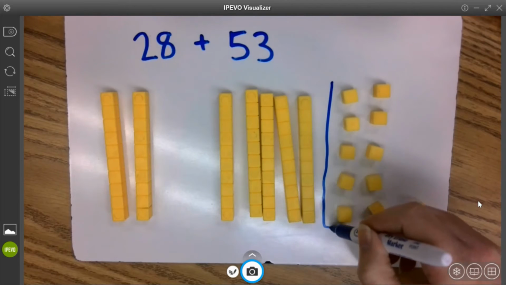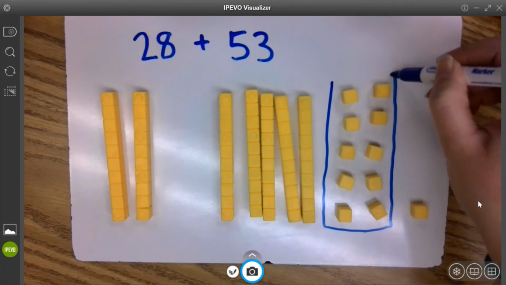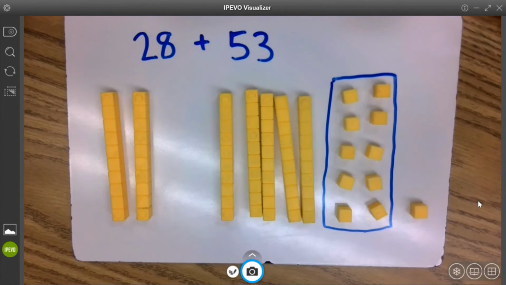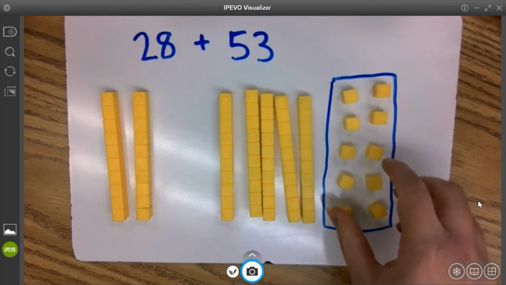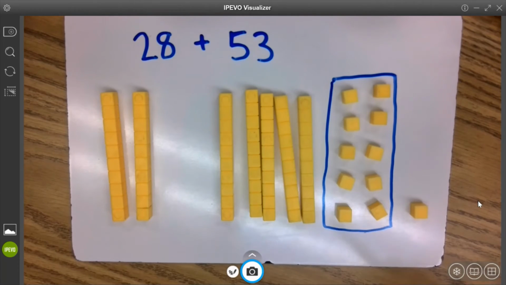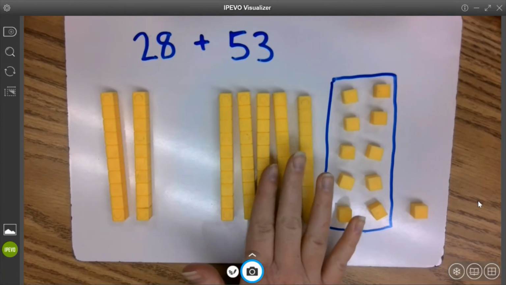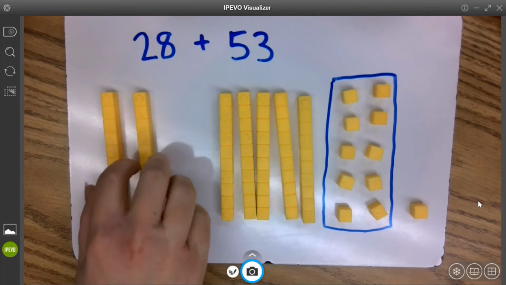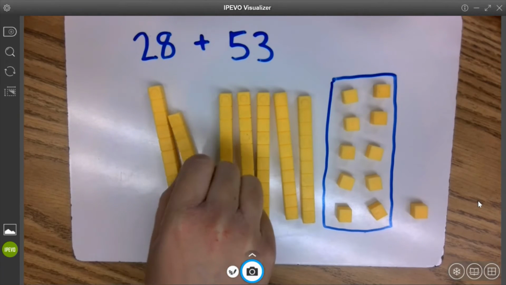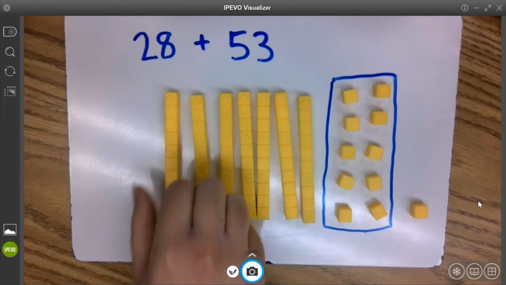So when I make a group of 10, I need to make sure I put them together. Okay, so I'm going to box around them. The other option would be to switch them out for a stick. I'm just going to box them together to show I'm putting those together to make a group of 10. And so now, what number do I have?